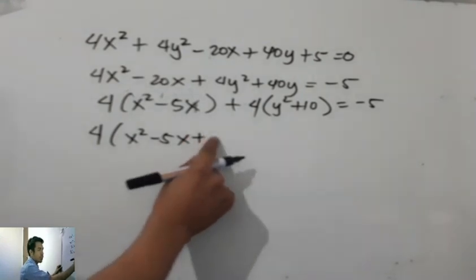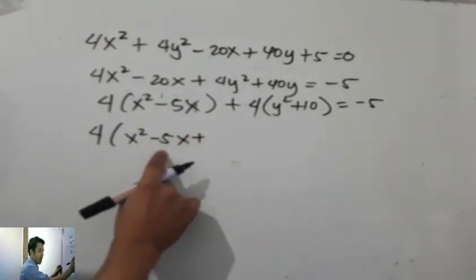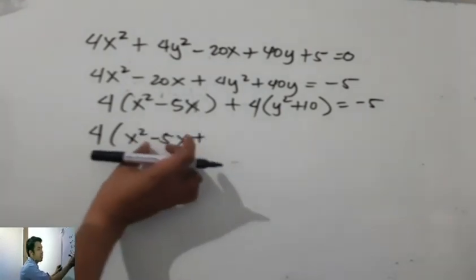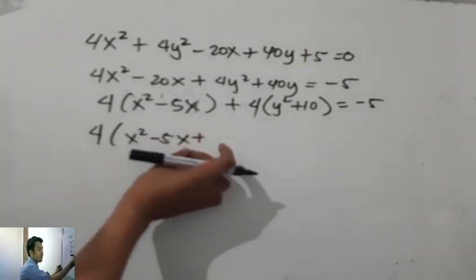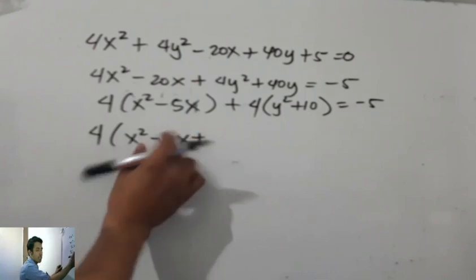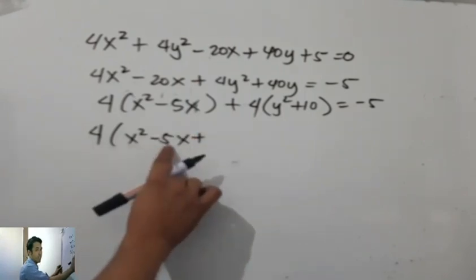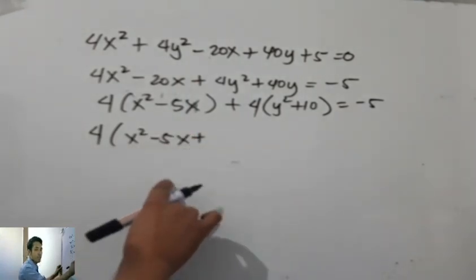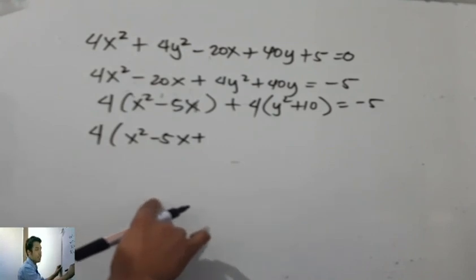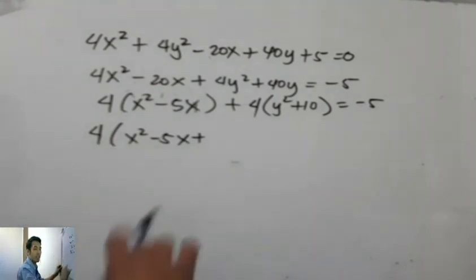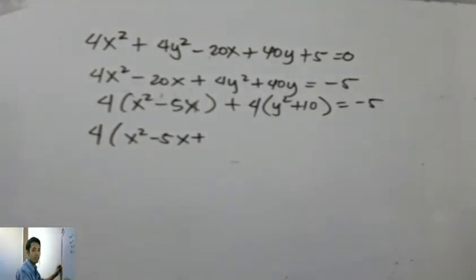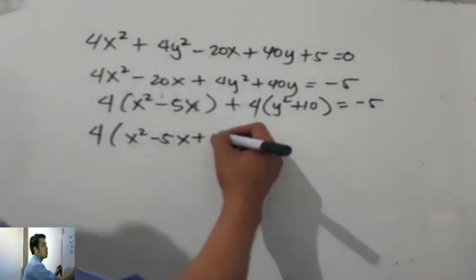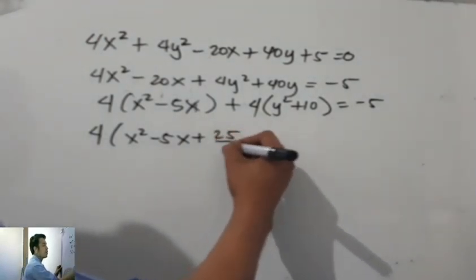Half of negative 5 is negative 5 halves, and squared, that is positive 25 over 4.